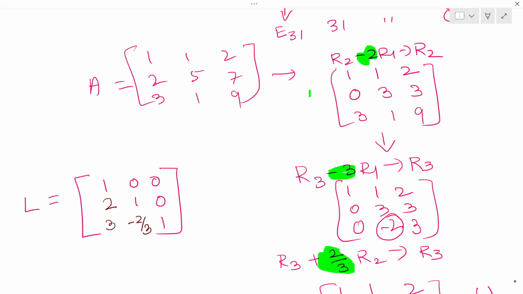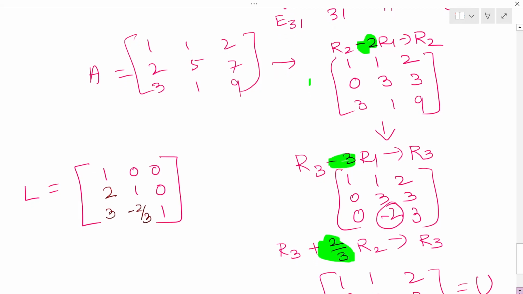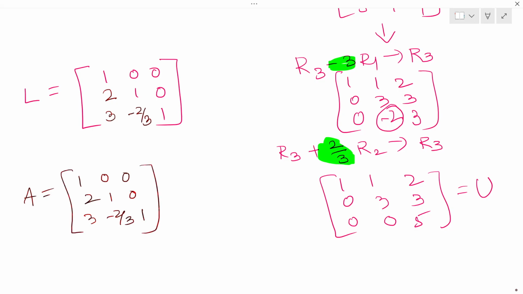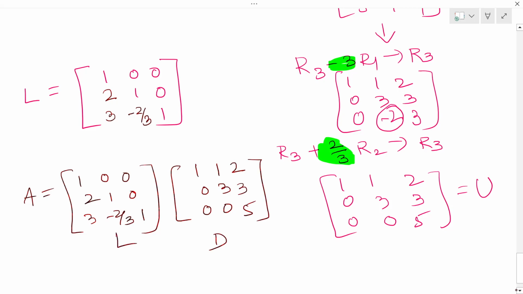This is my L and this is my U. If it is LU factorization, then A is equal to 1, 0, 0, 2, 1, 0, 3, minus 2 by 3, 1. This is my L, and 1, 1, 2, 0, 3, 3, 0, 0, 5 is my U. That is LU.